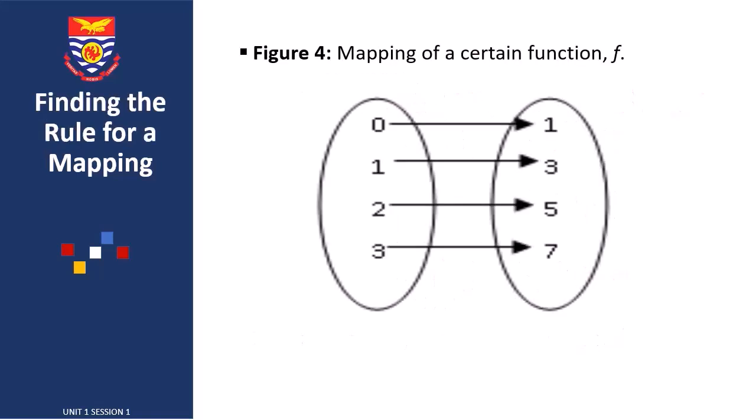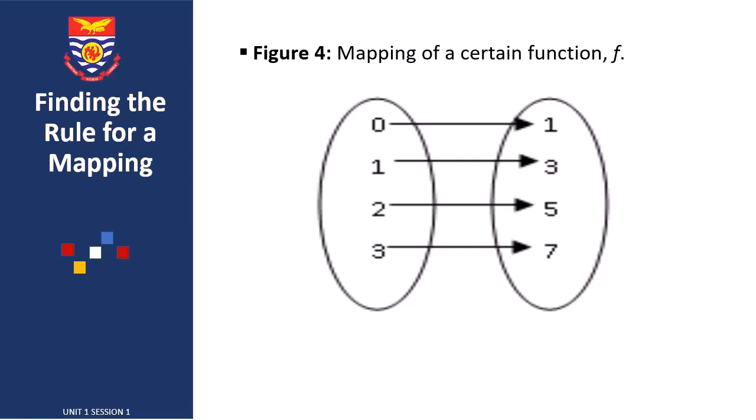Finding the rule of mapping. How do you find the rule of mapping? You define mapping as a rule which connects each element in the domain to one element in the codomain, right? So how do you determine such a rule? Let's use this arrow diagram to find the rule. First, these are the steps. Note these steps down.